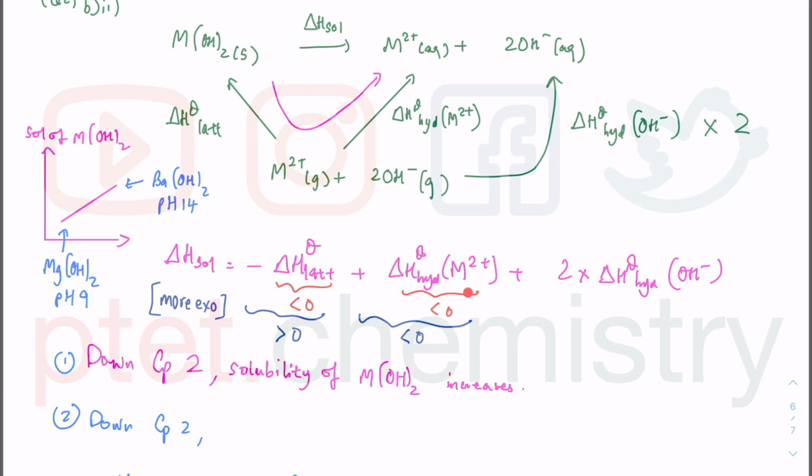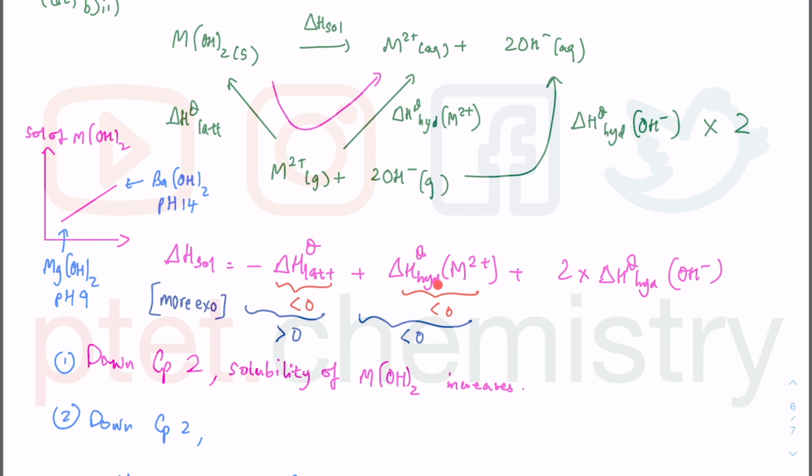If this decreases lesser, this will be a bigger value, and that will give me a more exothermic enthalpy of solution going down group 2 hydroxides. Now let's work backward. I want my enthalpy of solution for the group 2 hydroxide to become more exothermic or less endothermic as a result of the solubility of the hydroxide increasing. So I want this value to be bigger than this value, and since I want this value to be bigger, I cannot let it decrease more. It must decrease lesser than this value.